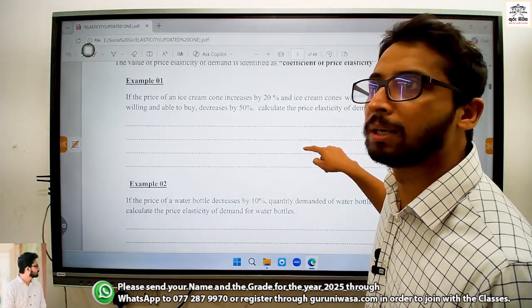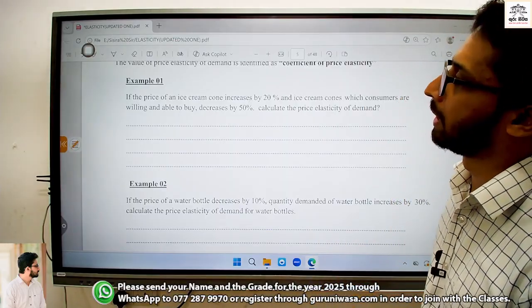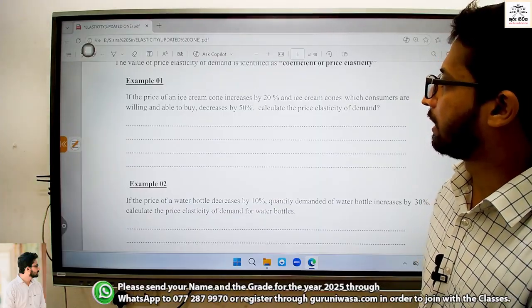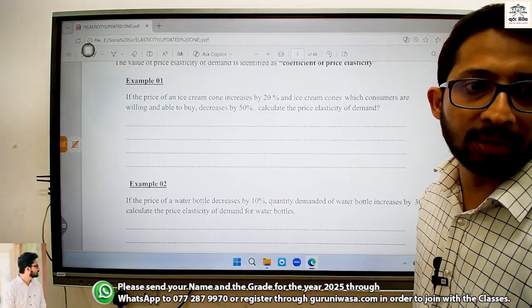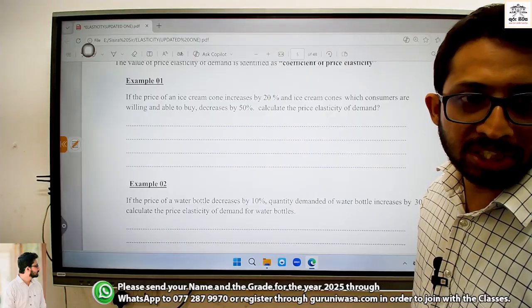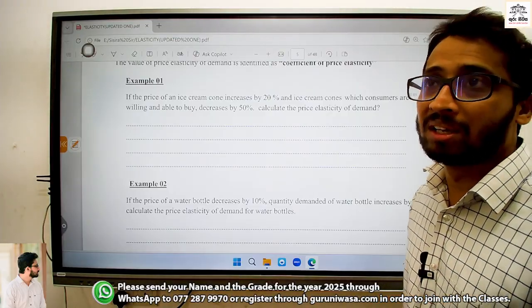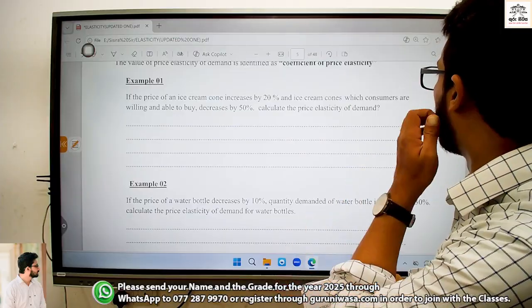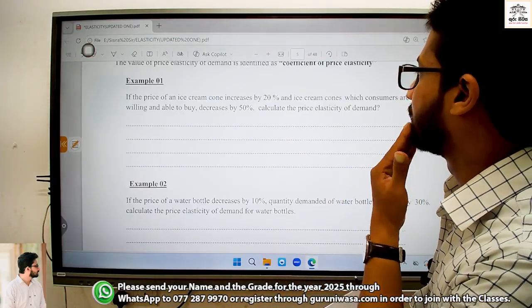Can you complete example number 1, very simple. If the price of an ice cream cone is increased by 20%, then the quantity of cones which consumers are willing and able to buy falls by 50%.